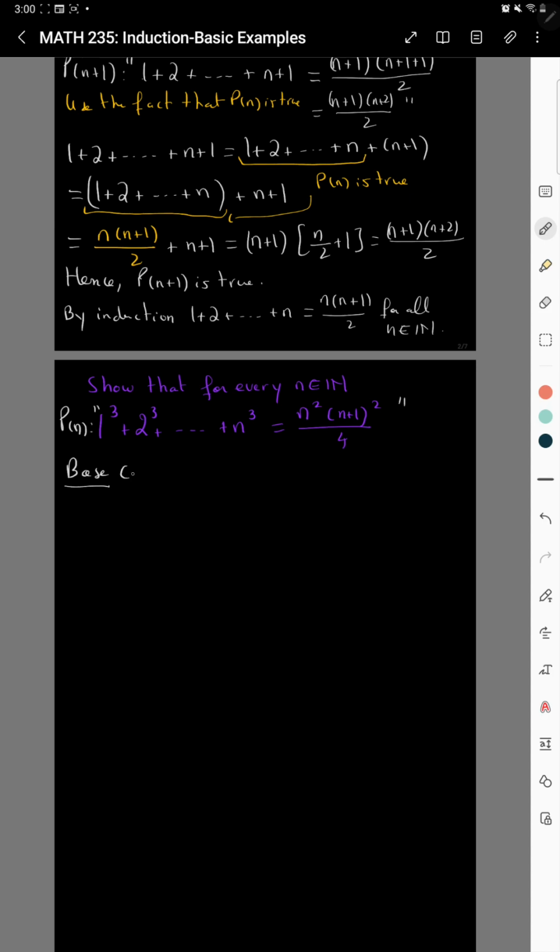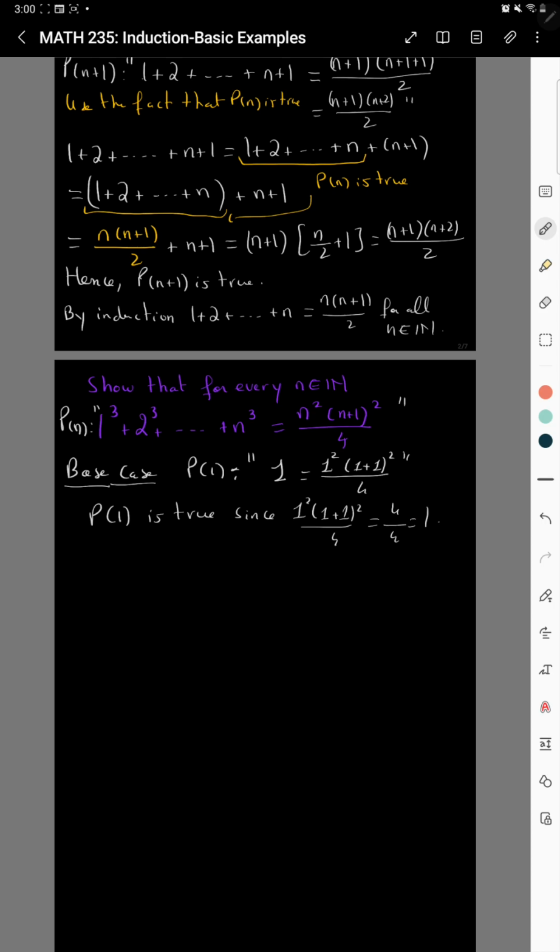Base case: P(1) states that on the left-hand side I will have 1, and on the right-hand side I'll have 1 squared times (1 plus 1) squared over 4. Well, of course, P(1) is true, since that is just 4 over 4, which is equal to 1.